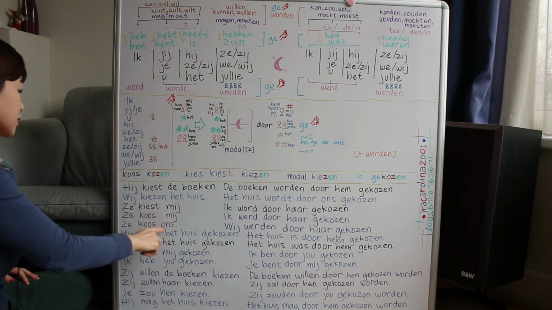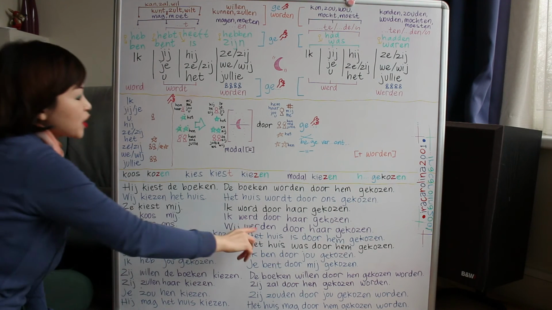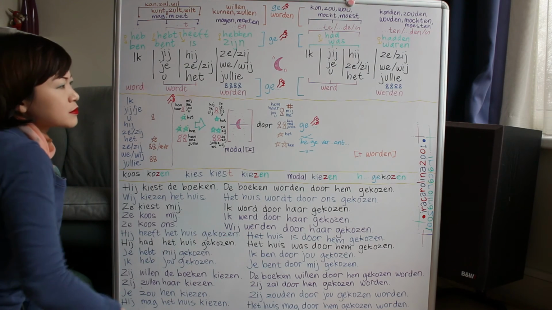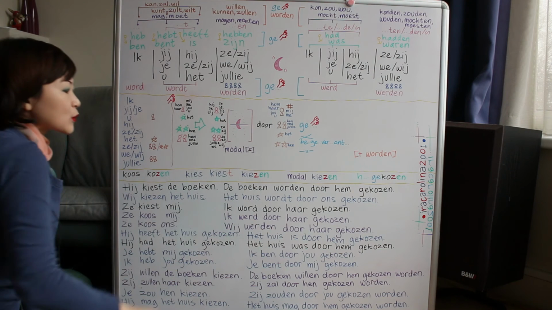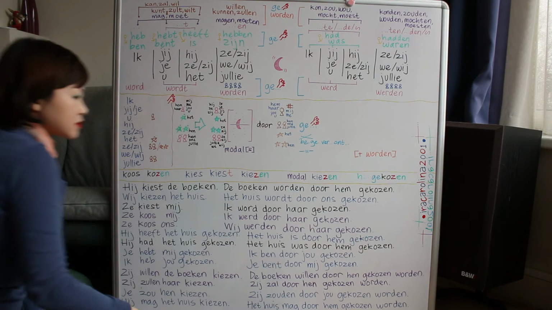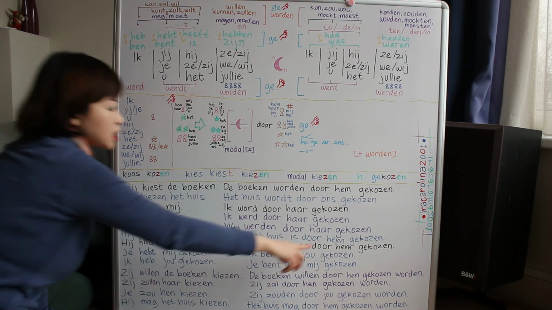Ze koos ons. It becomes wij werden, because wij goes with werden. Door haar, ze, gekozen.